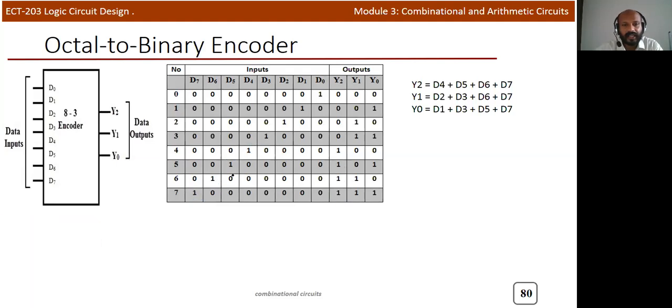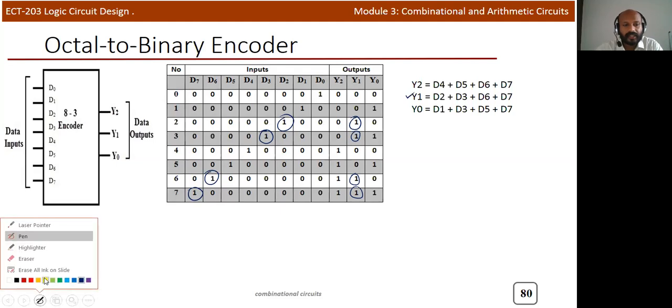Similarly, you can consider the other cases. Now we can design y1. y1 is equal to 1 again in four possibilities. So here you can consider D2 is equal to 1, or D3 is equal to 1, or D6 equal to 1, or D7 is equal to 1. So that is y1.